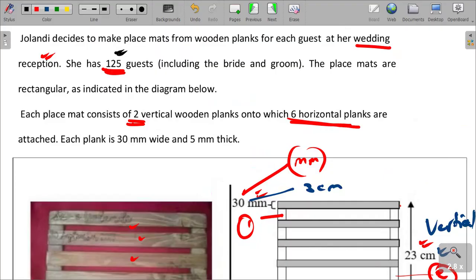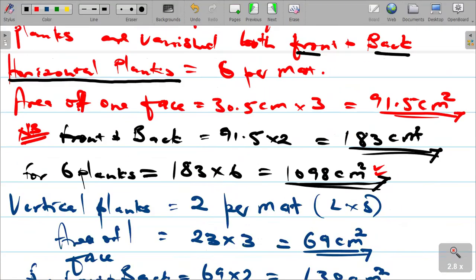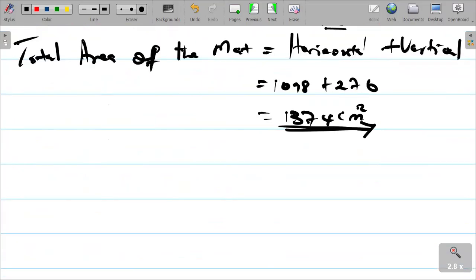So we need to calculate the total area for all the 125 mats that are supposed to be made.